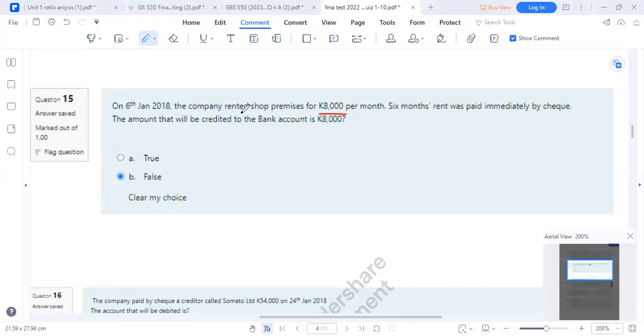On 6th of January, the company rented a shop for the premises, for which they paid 8,000 for that particular month. 6 months rent was paid immediately by check. So the amount was credited to the bank account by 8,000. Is this true?